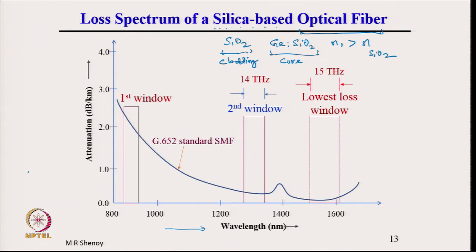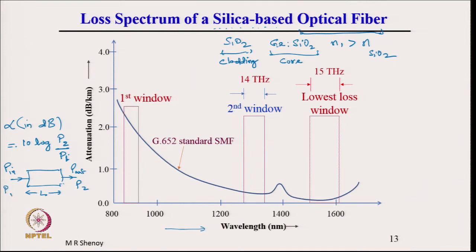For those of you who are not familiar, dB, decibel, per kilometer refers to this: if L is the length of the link, and we have an input power P in and an output power P out, then the loss in dB, alpha, is defined as 10 log of P2 by P1, that is P out by P in, with a negative sign, otherwise alpha will come out to be negative. So this is loss in dB, but what is shown is loss in dB per kilometer.